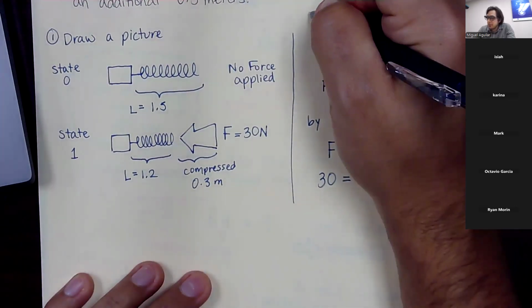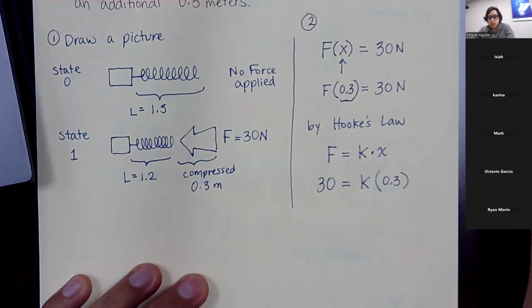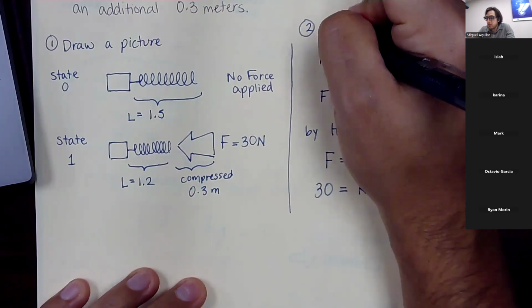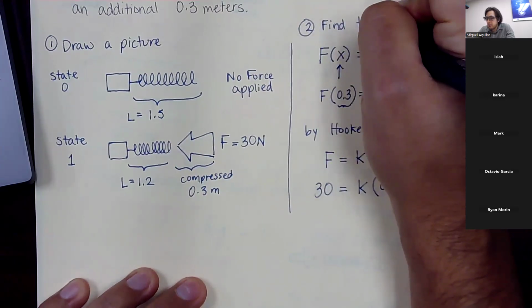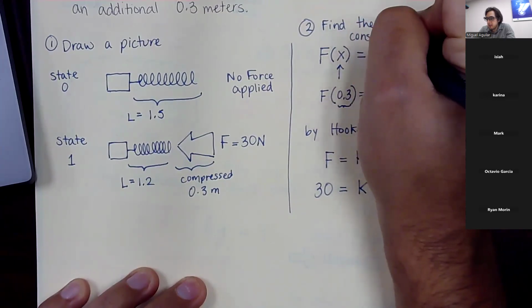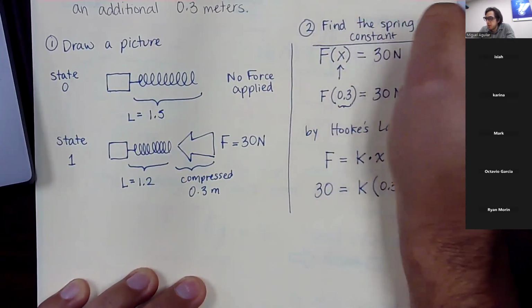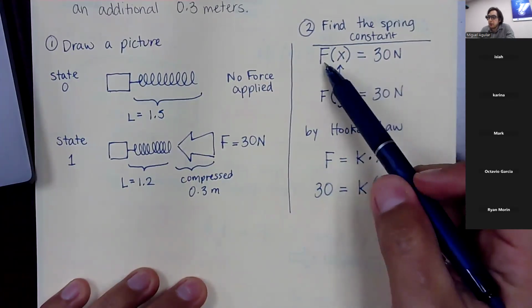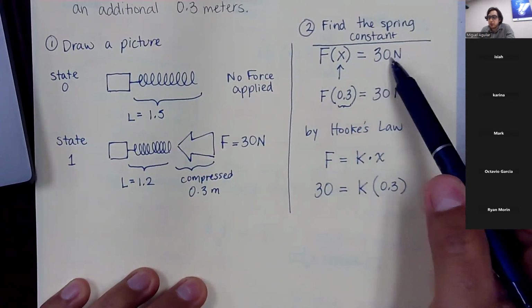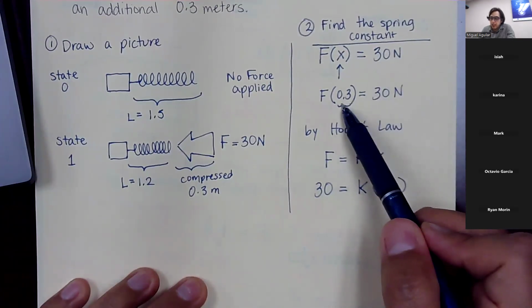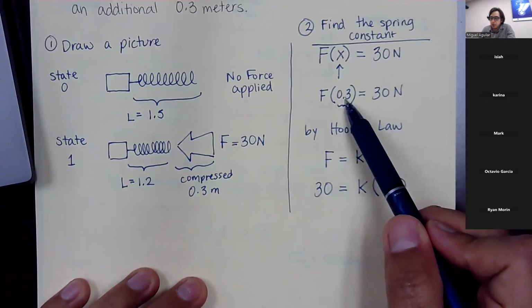So this second step that we're approaching is that we need to find the spring constant so that we can put our entire function together so we know what f of x is, right? Like f of x is not going to be this constant value all the time. It's only 30 newtons when the distance here is 0.3.